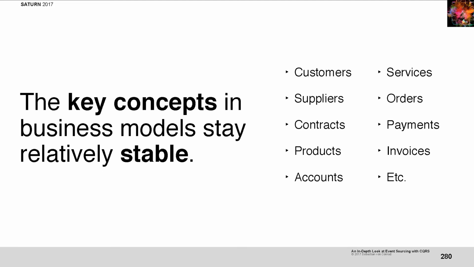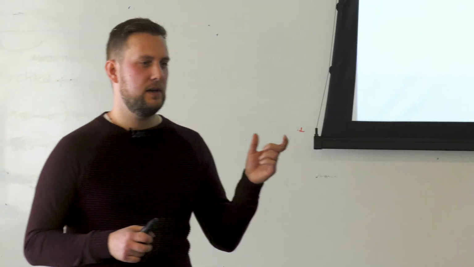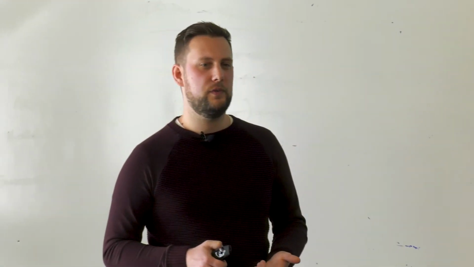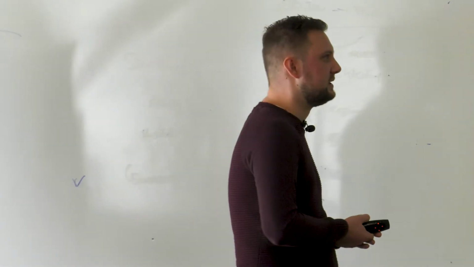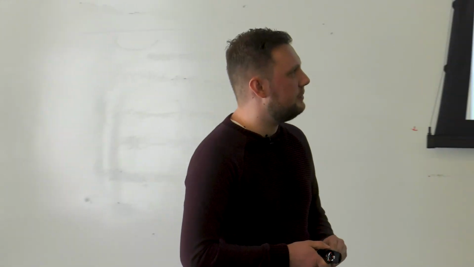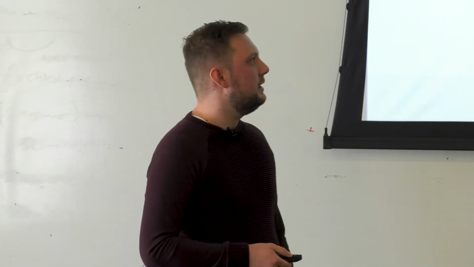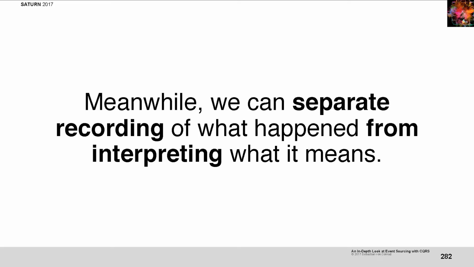Customers, suppliers, contracts, products, these things tend not to evolve all that quickly. And it's the same thing here. If designed well by designers with understanding of the business domain, is the disclaimer, the asterisk there, the rate of change for events is low.